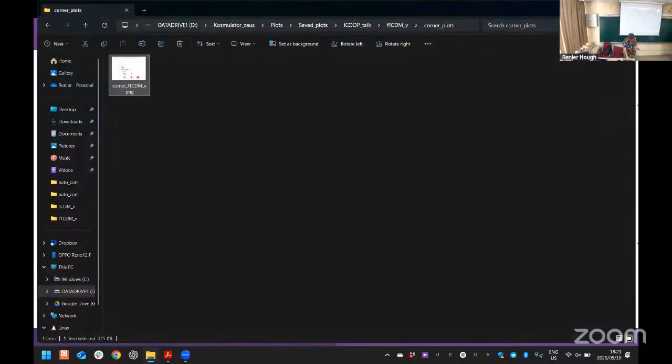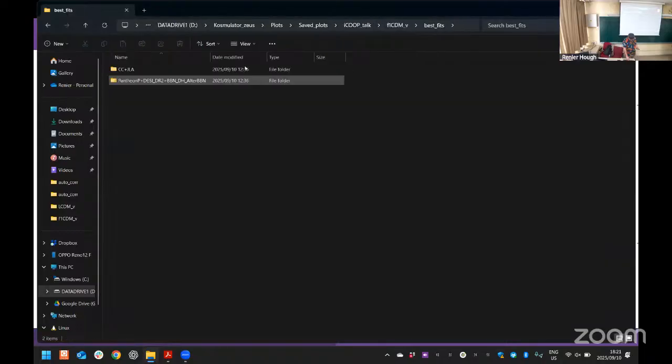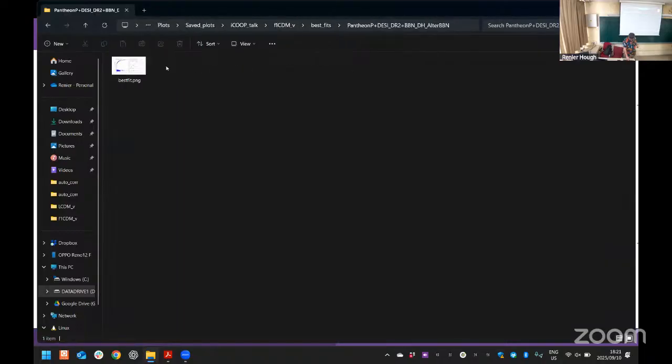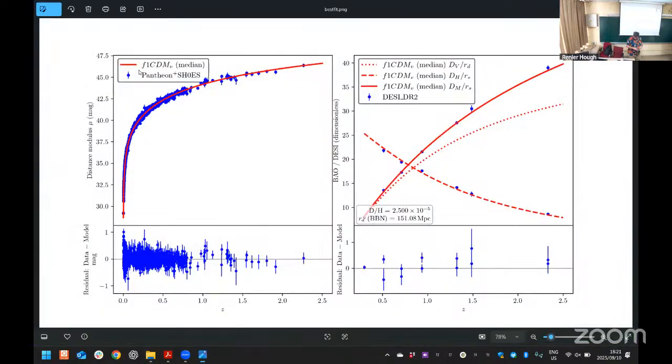And then lastly, it creates your best fits for the combination. This was a combination of Pantheon, so it shows you how well your model does on Pantheon, that same model on DESI BAO. And since BBN was used to calibrate it, it also gives you an rd value from the BBN that was used to get this constraint.